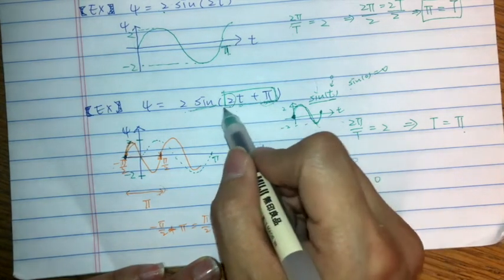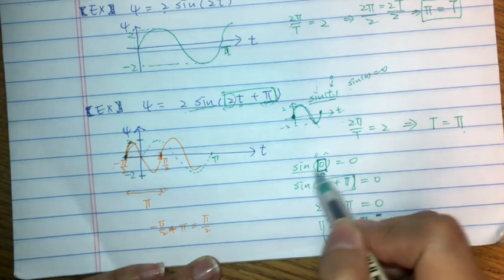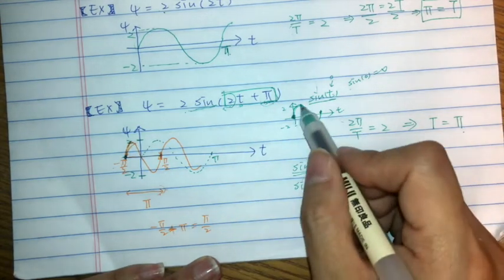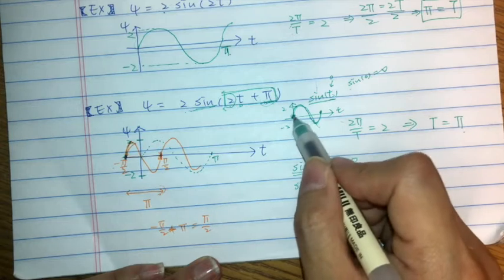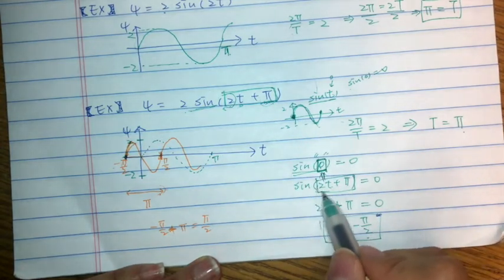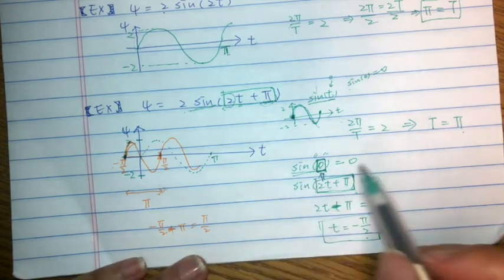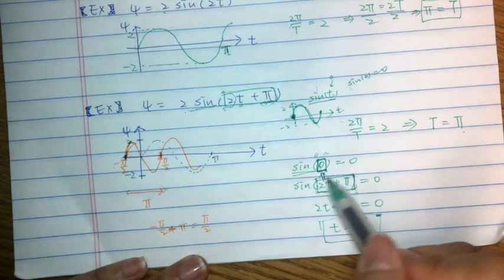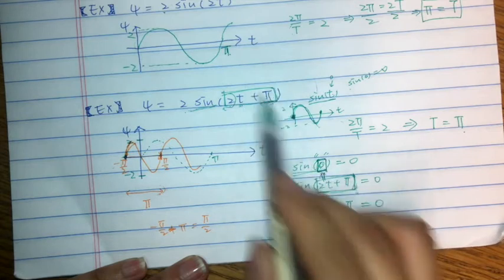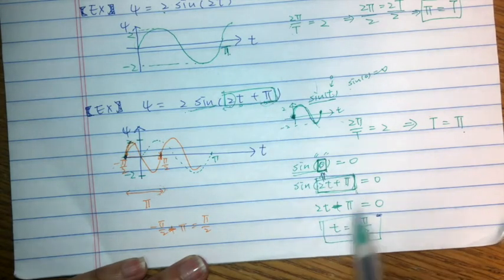First, we know sine 0 equals 0, so the wave will start at the 0 point. Now we need to find the 0 point in this case. So when will this become 0? It becomes 0 when t is negative pi over 2.